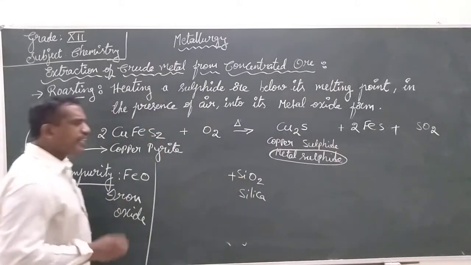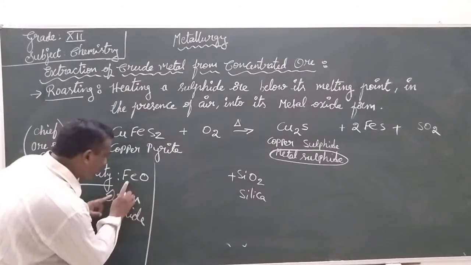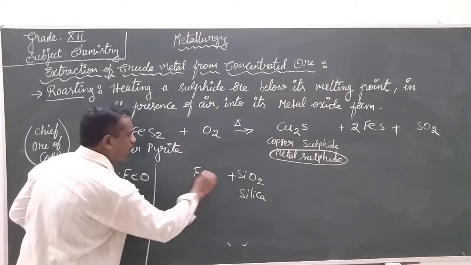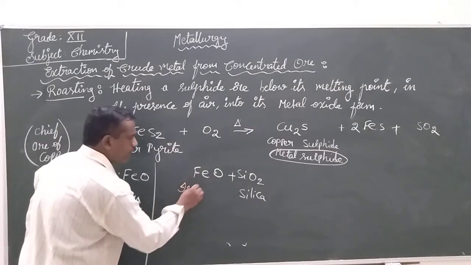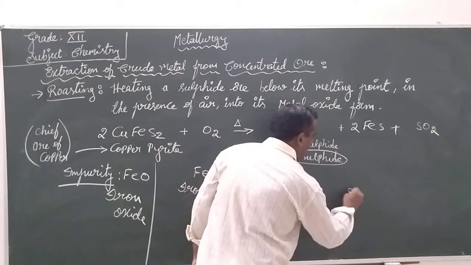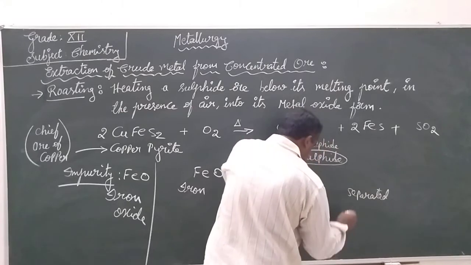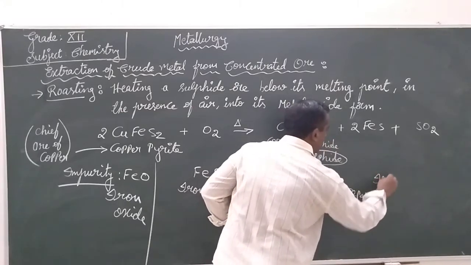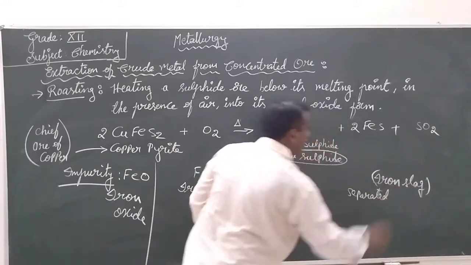This silica will combine with the impurity present in the ore, that is FeO, iron oxide, and this will be separated in the form of what we call iron slag.